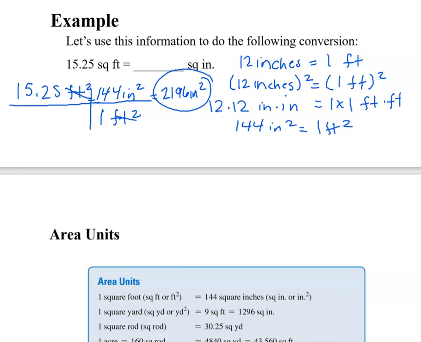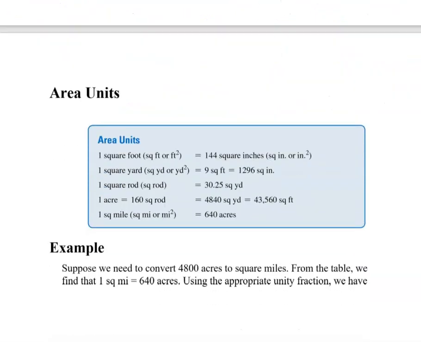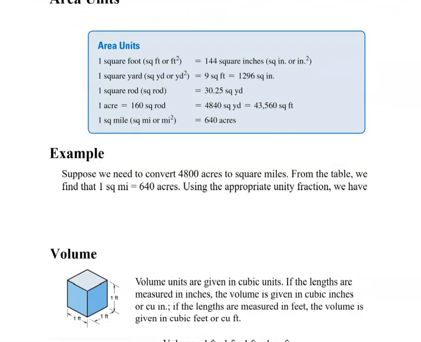We also have other conversions that we can do. We just did this one, but when we talk about area units, we've got several conversions here. So suppose we need to convert 4,800 acres, and we want our final answer to be in miles squared, or square miles. And it gives us this fact that 1 square mile is 640 acres.